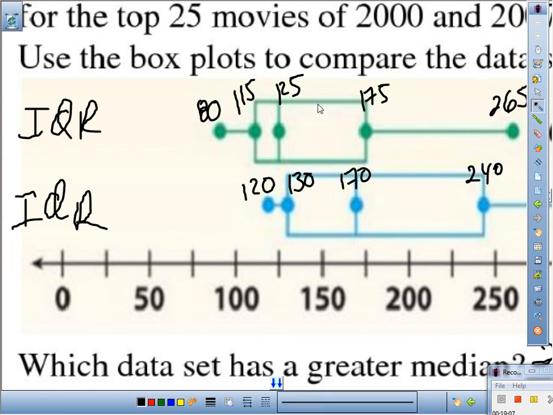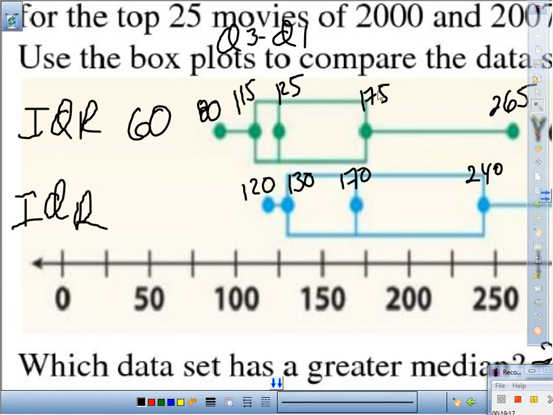Okay, for those that forgot, it's Q3 minus Q1. That's how we find the interquartile range. So therefore, this is 60, 175 minus 115. Therefore, what is the IQR for 2007? 110, because it's 240 minus 130, so that's 110.